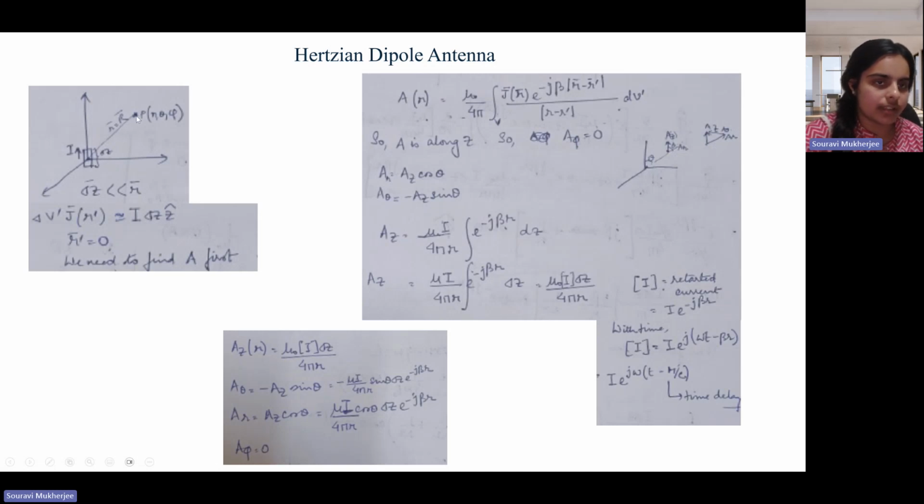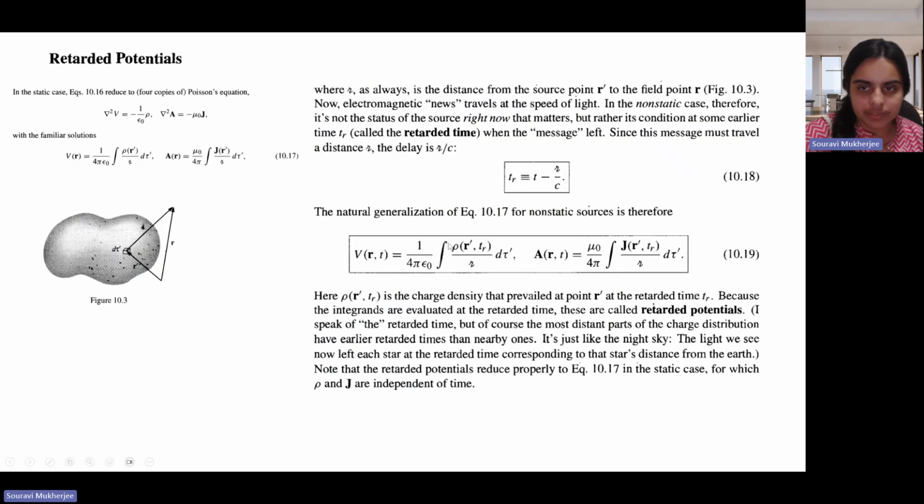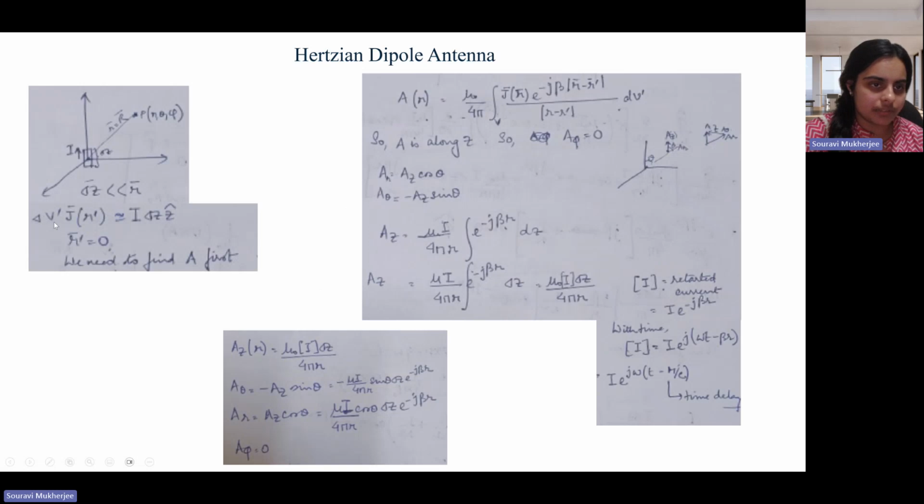If you are looking at the effect of this dipole antenna from far off, so when delta z is much smaller than r, you remember you have this integration of J over the volume, where J is your current density. So J(r prime) dv prime would essentially be just the current that is flowing along the z direction.